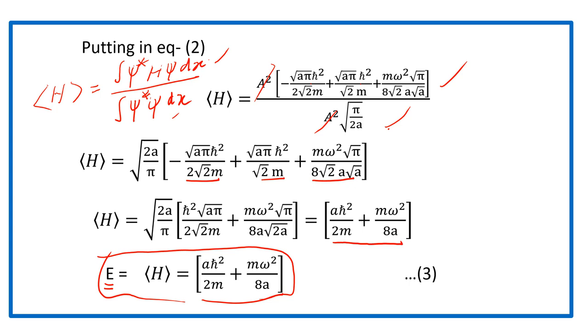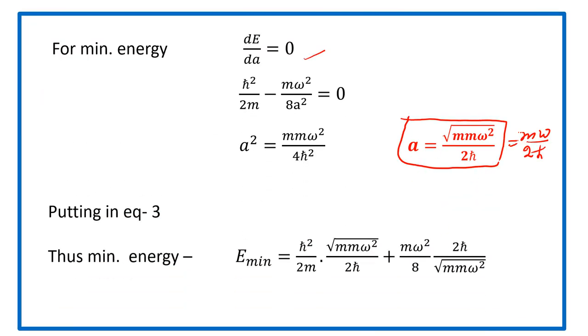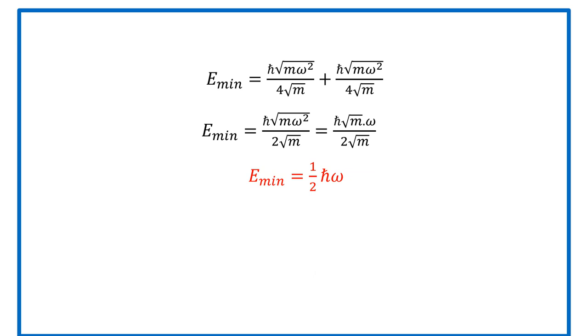You will get E minimum equal to this term plus this term. After solving, you will get the minimum energy of the harmonic oscillator by the use of the variational method. E minimum is equal to half h cut omega. This is the end of my lecture.